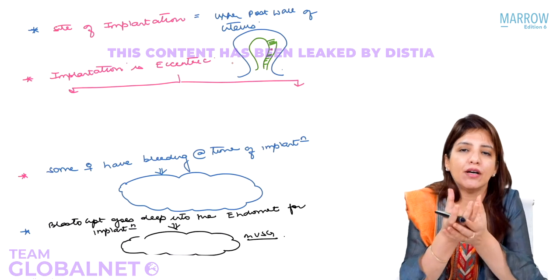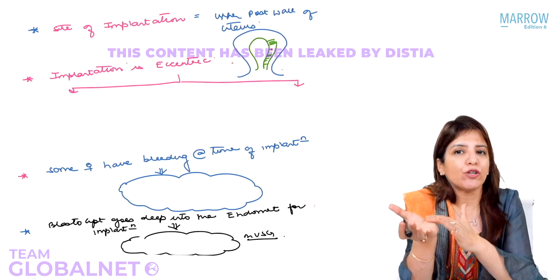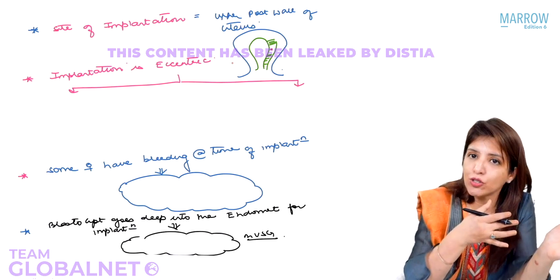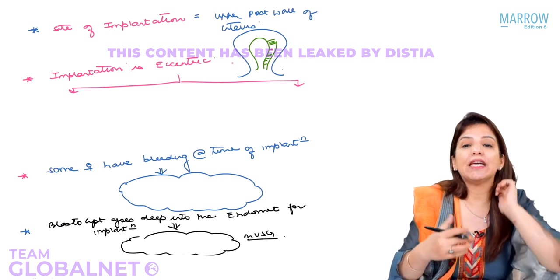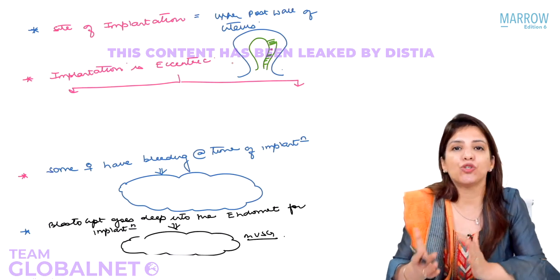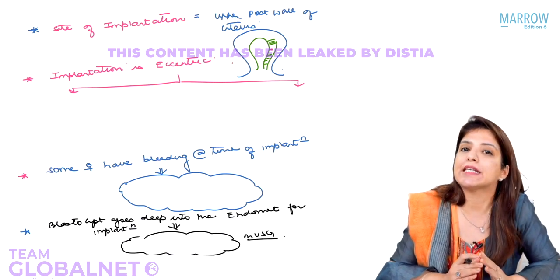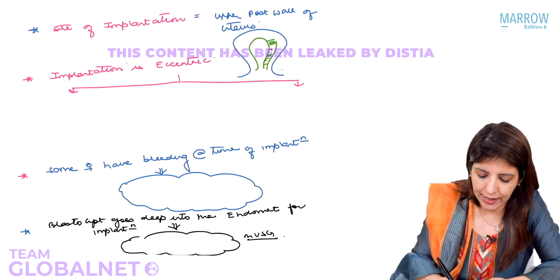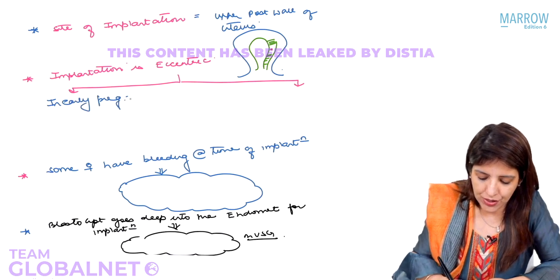There is a single blastocyst. So, that single blastocyst will either implant on the left side of the uterus or on the right side of the uterus. Right? So, that means implantation has to be eccentric, on one side of the uterus. Because implantation is eccentric, in early pregnancy there is asymmetrical growth of the uterus.